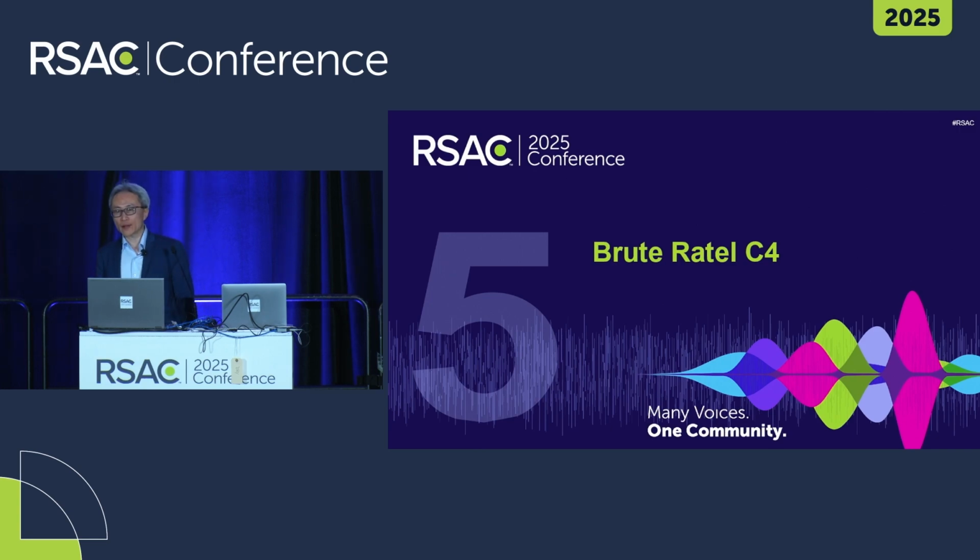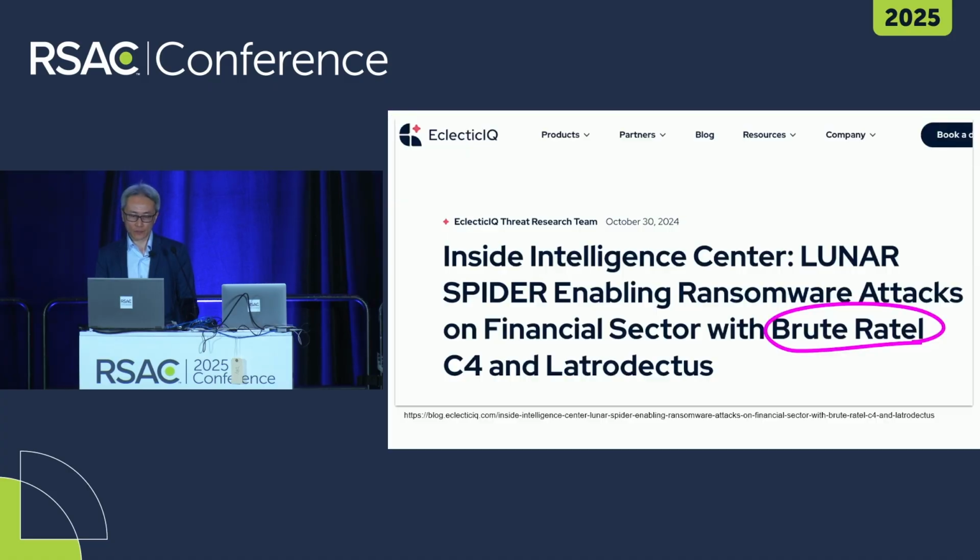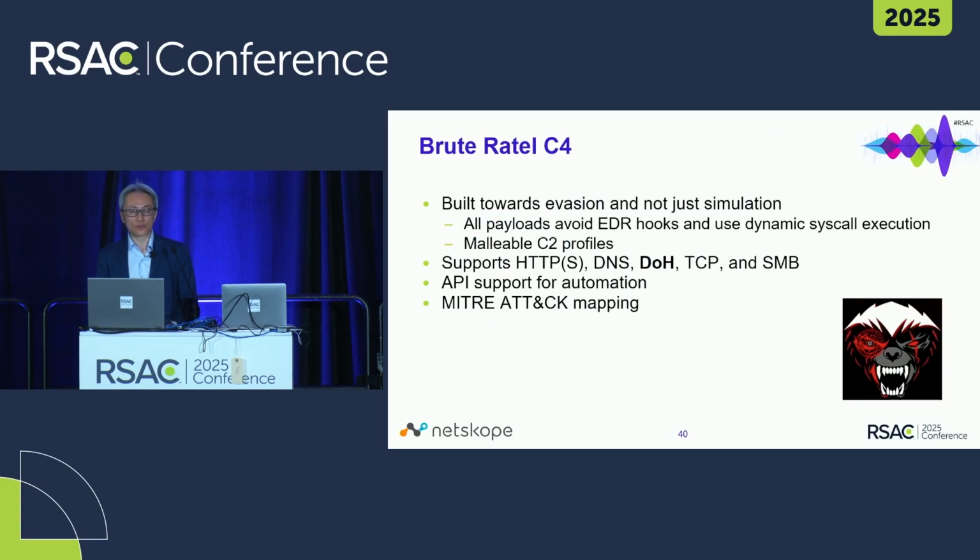Number 5, Brute Ratel. Other than the tools we earlier talked about, which are all open source free tools, Brute Ratel is a commercial product, originally developed by Chetan Nayak. And the protocols it supports are quite a lot. But I would like to focus on DoH later, since DoH means DNS over HTTPS.